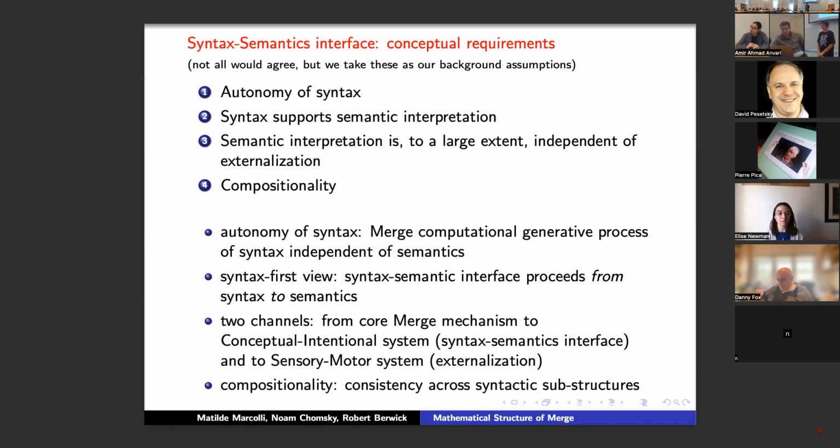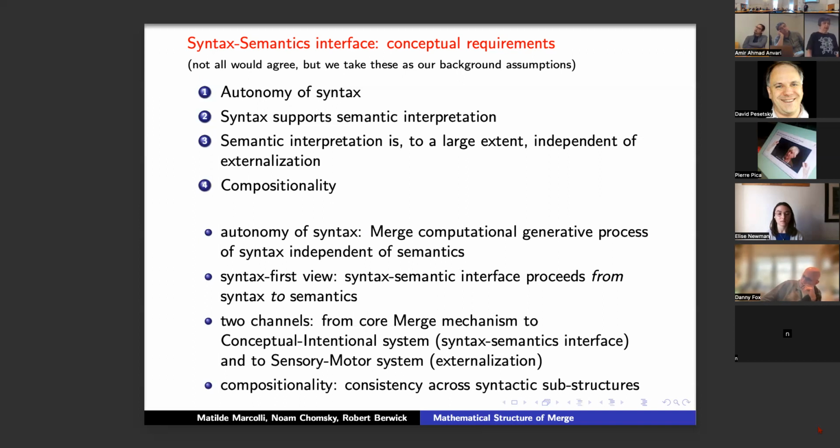And the third principle is, of course, exactly what we were saying moments ago: there's going to be interaction between these things, but to some extent, the issue of semantic parsing and the issue of externalization can be treated as two separate channels.